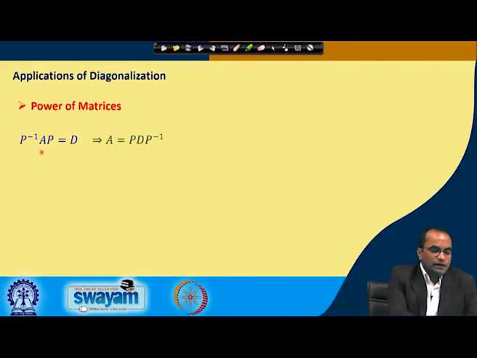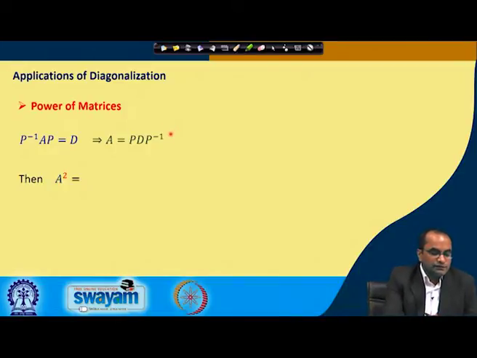Or we can rewrite it: A is equal to, so we multiply by P on the left first, so we get P D, and then on the right side we multiply by P inverse. So, we get out of this relation A is equal to P D P inverse.